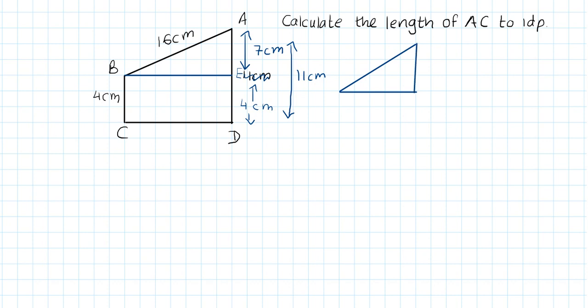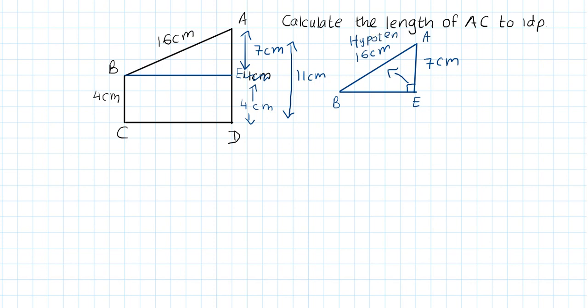A, B, E, and that's 16 centimeters, and that's 7 centimeters. That's our right angle. The side opposite the right angle is called the hypotenuse.